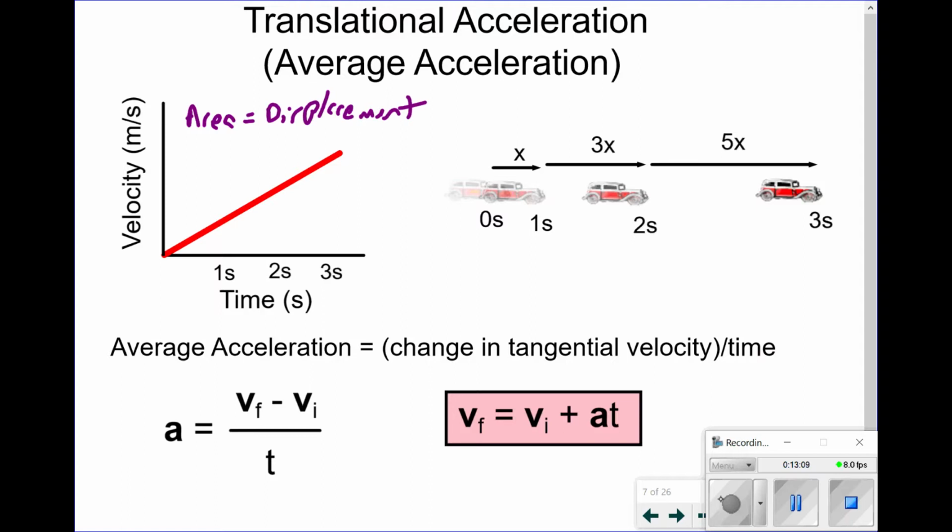If I take a look at this triangle and I look at the area that is completed for 1 second, I can very easily see a triangle. So that would be the displacement traveled in 1 second. That's my distance x.